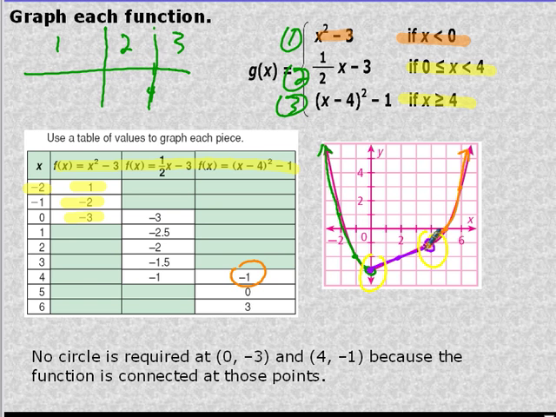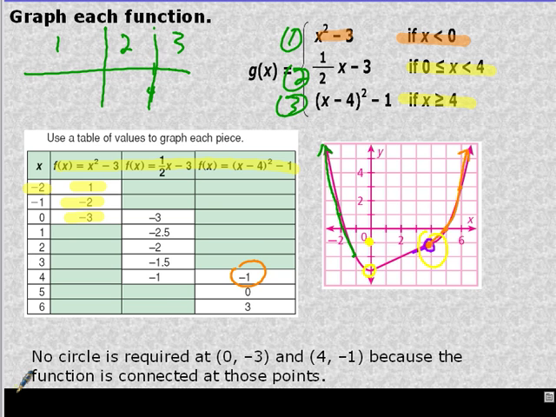It just might be good to get in the habit of it, because if for some reason, instead of starting here at -3, this one had a point at 0, -1, then you would want to make sure this was closed and then this one was open. So it's just a good idea to get in the habit of making closed and open circles with the functions.